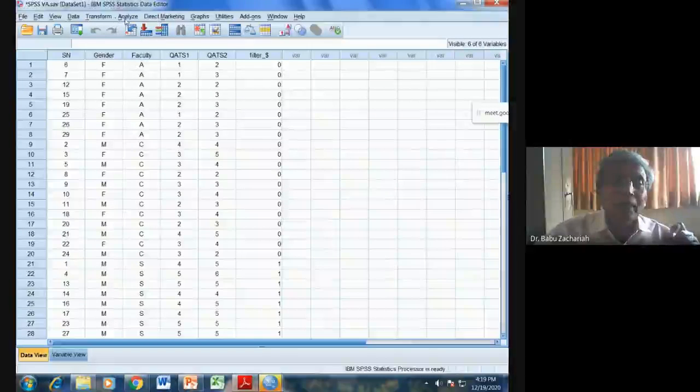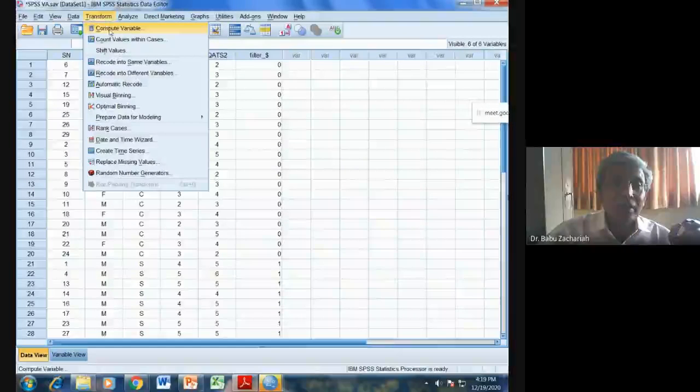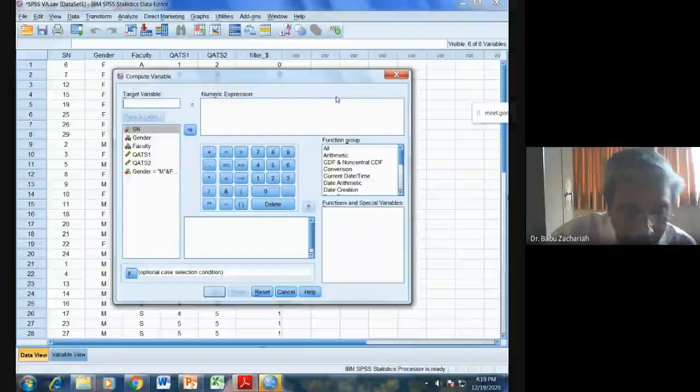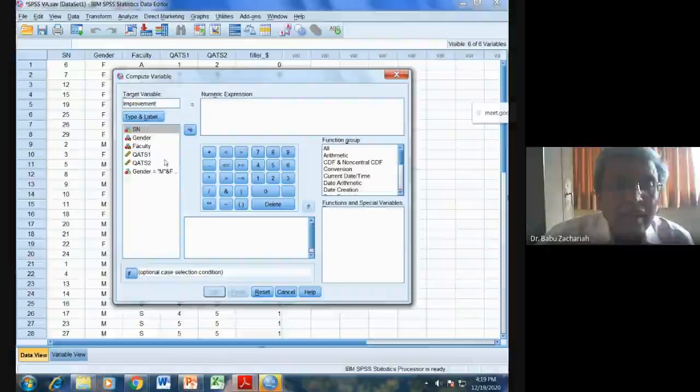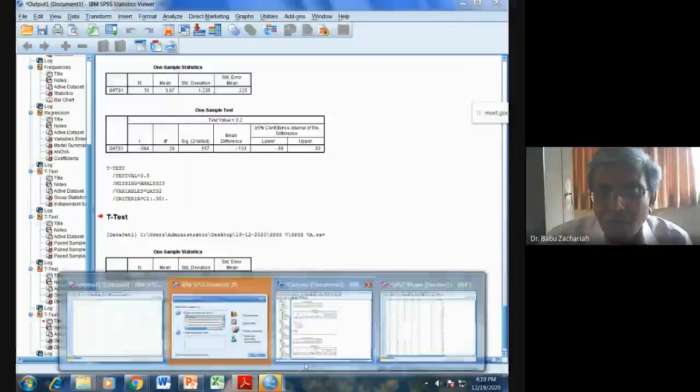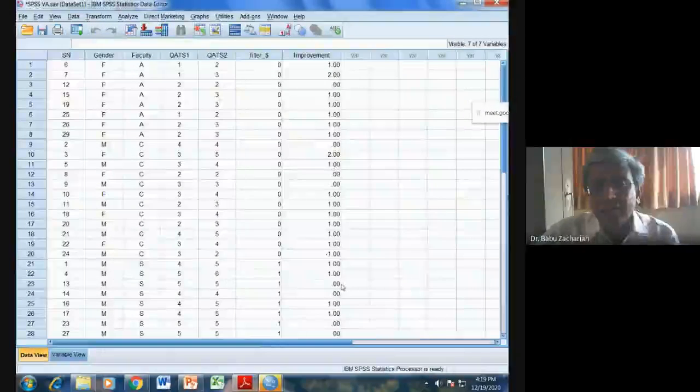So come to transform, compute variable, right here, improvement. And here you put quartz 2 minus quartz 1. And you get the answer on the screen now. So these are the improvements.